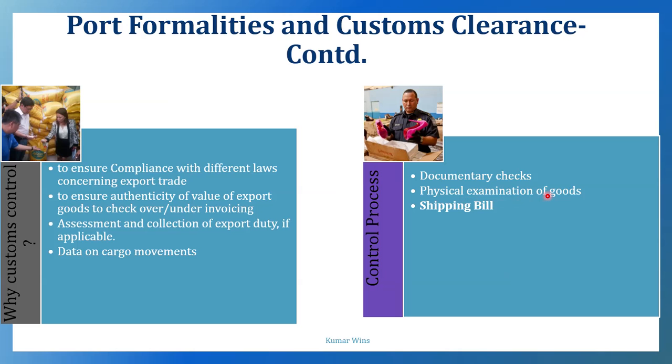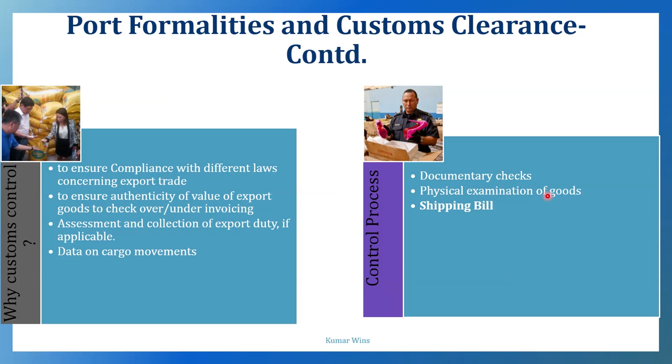Secondly, the physical examination of goods. The physical examination of goods is made in the shipment shed where the cargo has been brought. So they verify that the goods being exported are exactly the same as declared on the document submitted at the customs house.